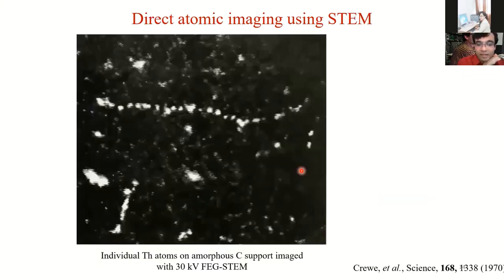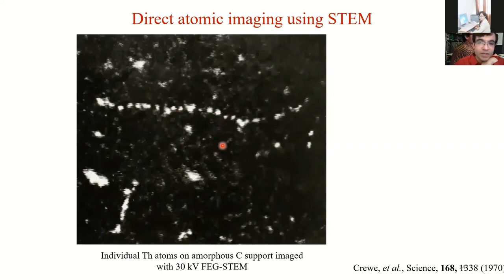This was about parallel beam TEM. And what about STEM? In STEM, we had a lot of problems at that time, like stability of the microscope, and you had to reduce the environmental noise. But still, people were able to image individual atoms of high Z elements like uranium or thorium.